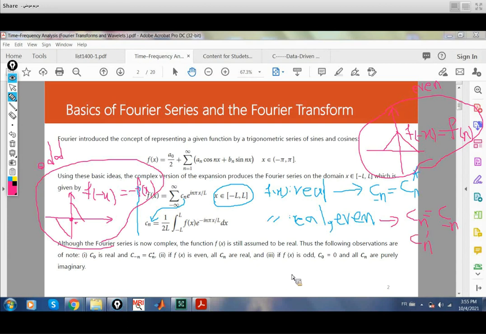And if our function was real and odd, okay, the Cn would be completely imaginary.